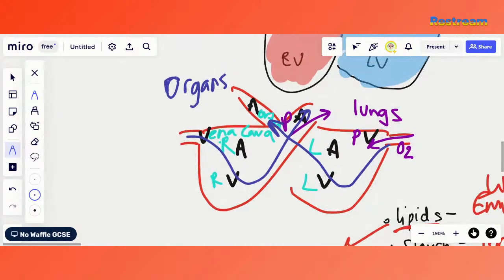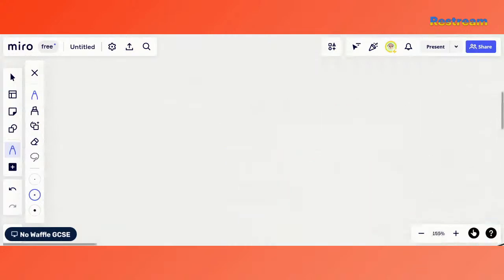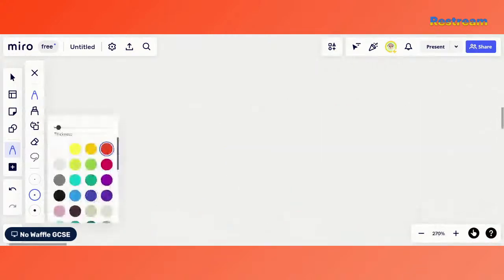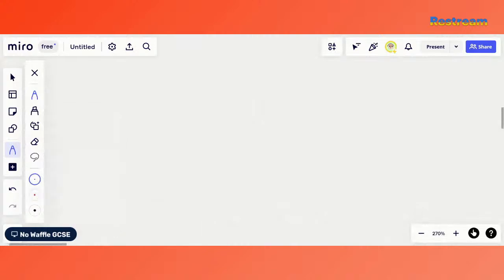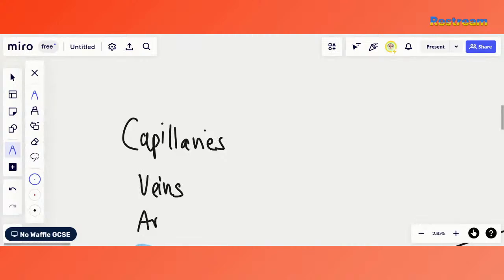Now, it's important we learn the different types of blood vessels, and I didn't write this down, so let me write it now. So we have capillaries, we have veins, and we have arteries. So veins carry deoxygenated blood.